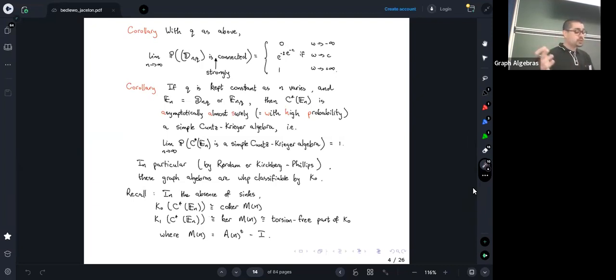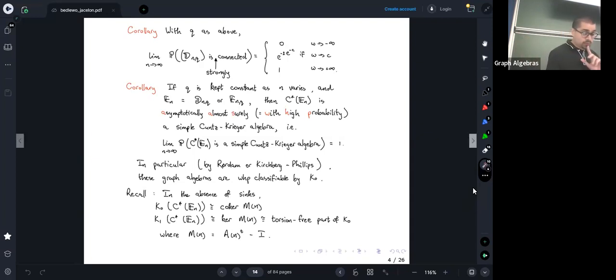So K0 is going to be some finitely generated abelian group. It's going to have some free part and then some direct sum of cyclic groups. So the free part is the K1 group. That's why I said that these graphs are classifiable by the K0 group. If you know the K0 group, then you know what the torsion-free part is, so you know the K1 group.